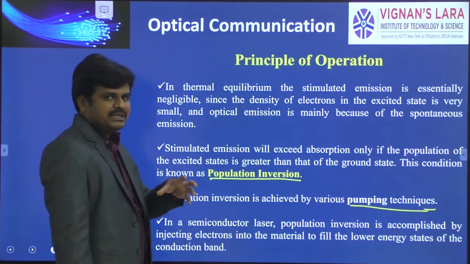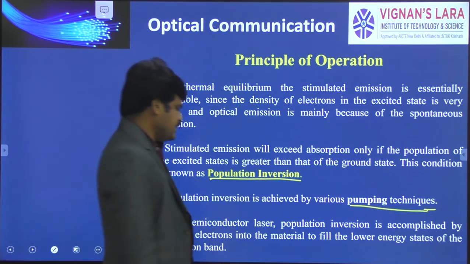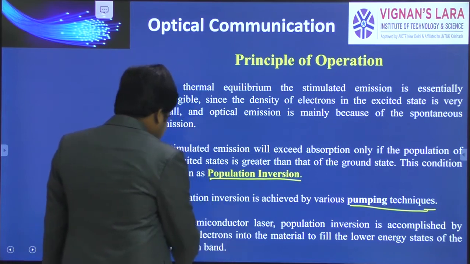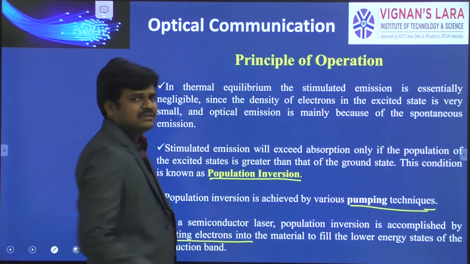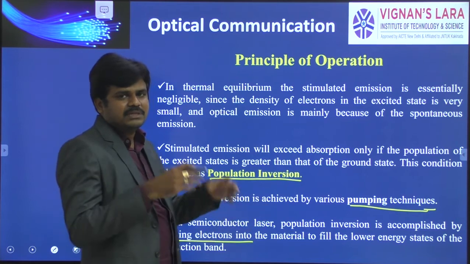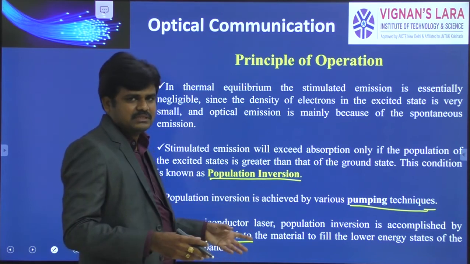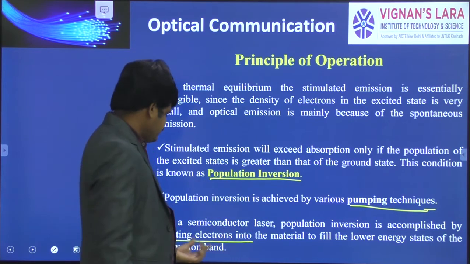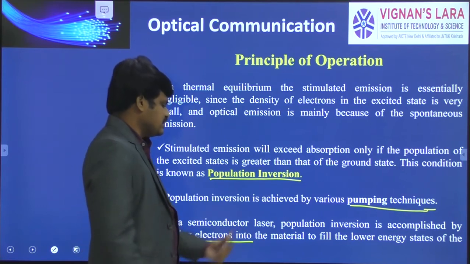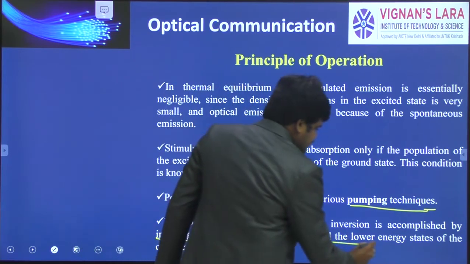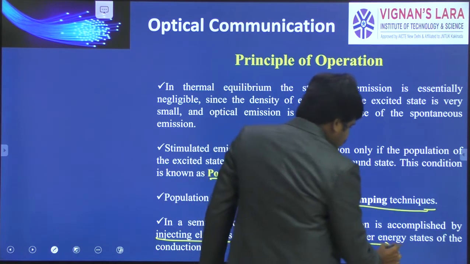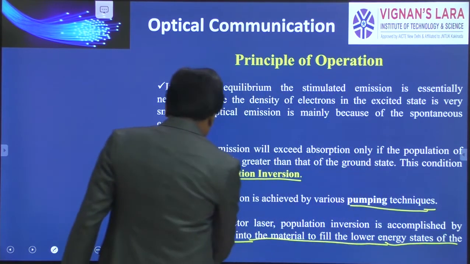What is that pumping technique actually? It is nothing but injecting the electrons. To bring the population inversion condition, we are injecting more electrons into the material to fill the lower energy state of the conduction band.